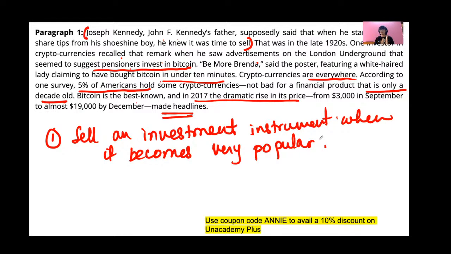See, this is an inference, because this has not been directly said, but we can imply, we can understand, we can infer. This has been implied in the first sentence because of the shoeshine boy. What does a shoeshine boy understand about investments? Nothing, because he's most probably not educated, but he is also talking about share tips. So this means that it is better to sell those because it has become very popular.